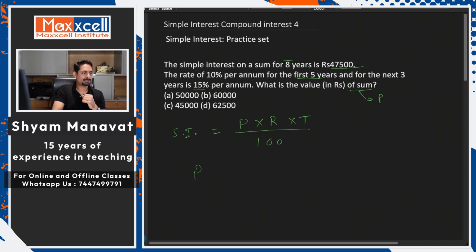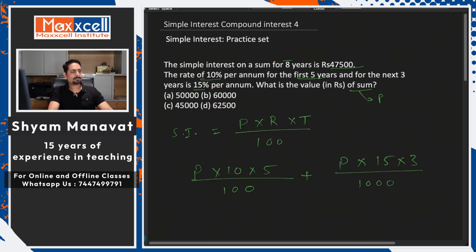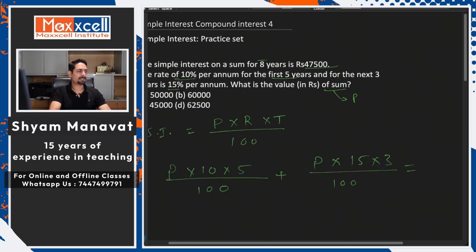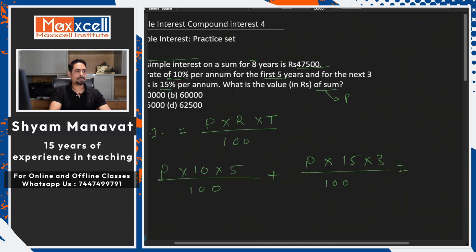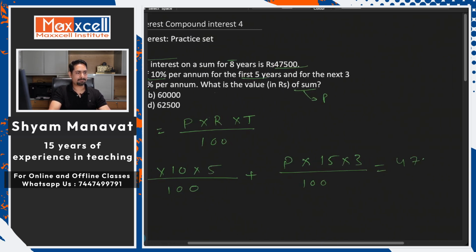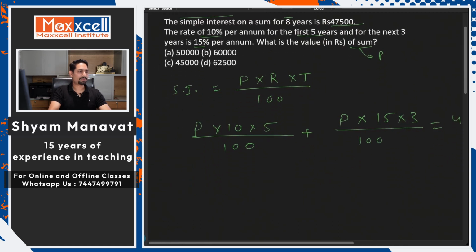I have the same principal, which I assume to be P. Rate of interest for the first 5 years is 10, time is 5, divide by 100, plus for the next 3 years, same principal, rate of interest 15, time is 3 years, divide by 100. As per the question, the total simple interest received is 47,500.